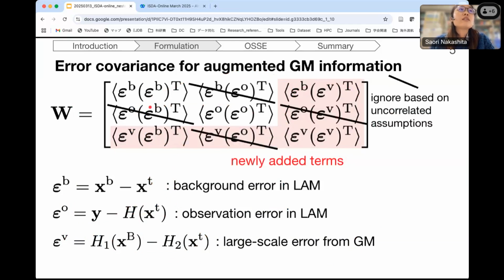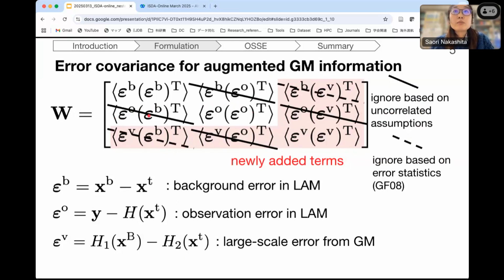First, this error covariance is simplified using the traditional uncorrelated assumption between the background and observation errors. Furthermore, GF8 ignores the cross covariance between the background and large-scale errors based on statistical evaluations. Finally, the error covariance takes a block diagonal form with background error covariance B, observational error covariance R, and the large-scale error covariance V.